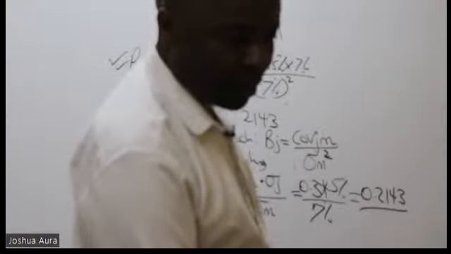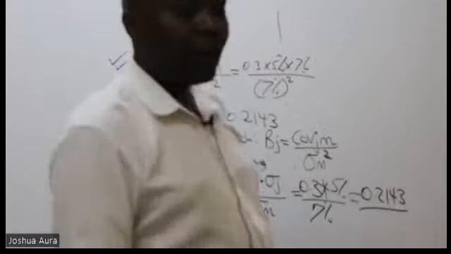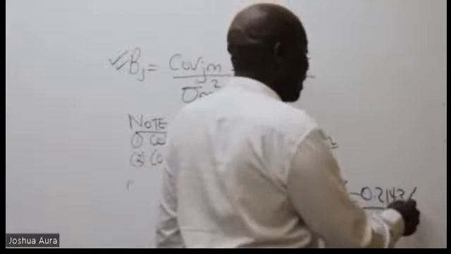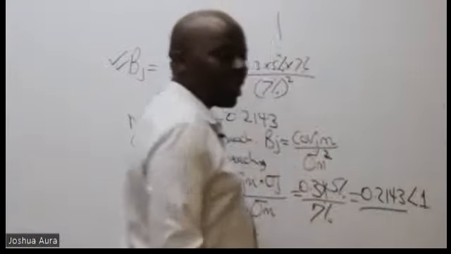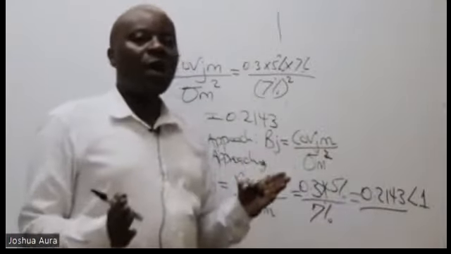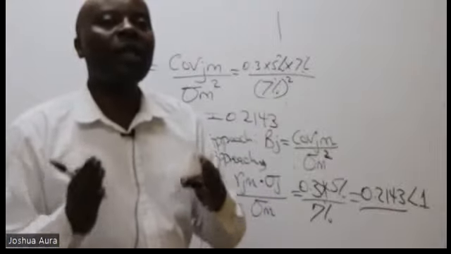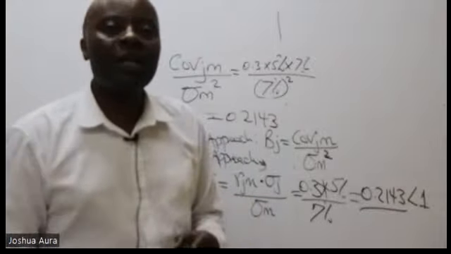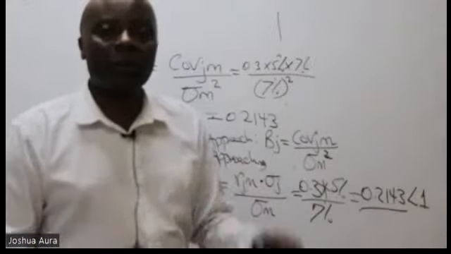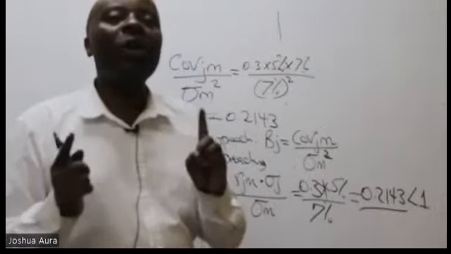It's low risk, ladies and gentlemen, simply because the beta of the market is exactly 1. Anytime you have a security whose beta is less than 1, remember beta is a measure of risk, then that automatically tells you that that particular security is low risk.